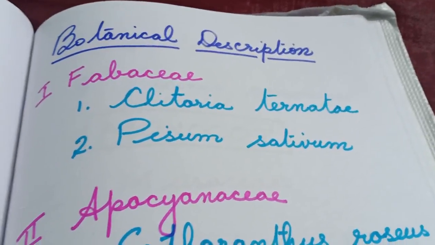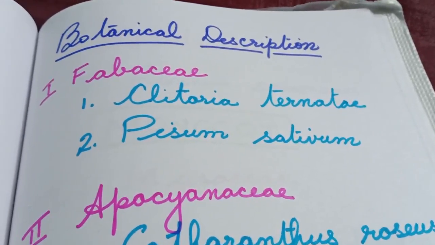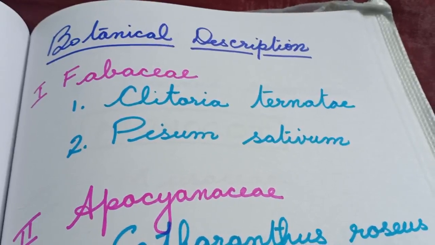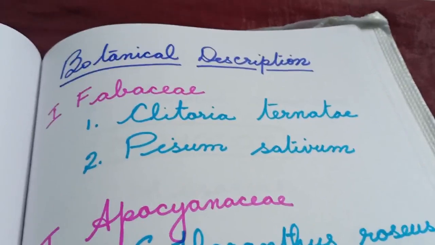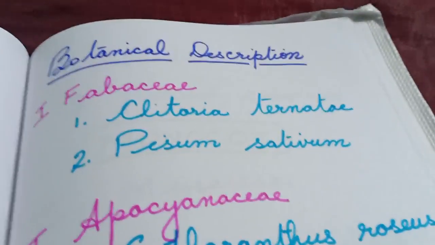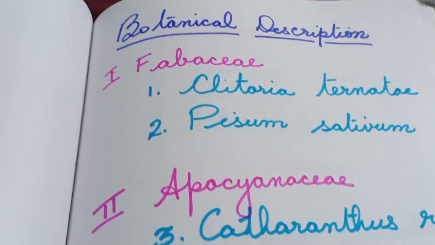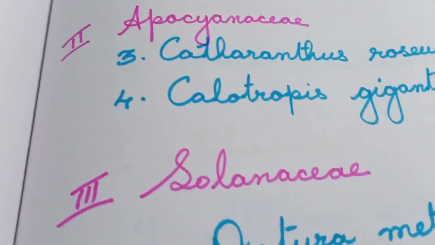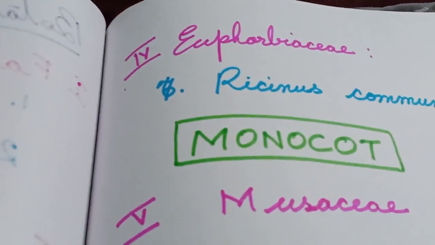We are now going to enter into another important topic of taxonomy, the botanical description of various plants. In your syllabus, we'll be discussing 6 families. The first one is Fabaceae, second is Apocynaceae, third is Solanaceae, and fourth is Euphorbiaceae.